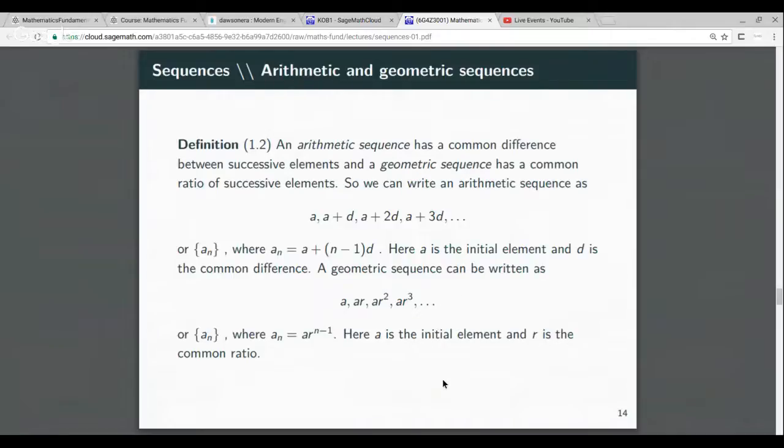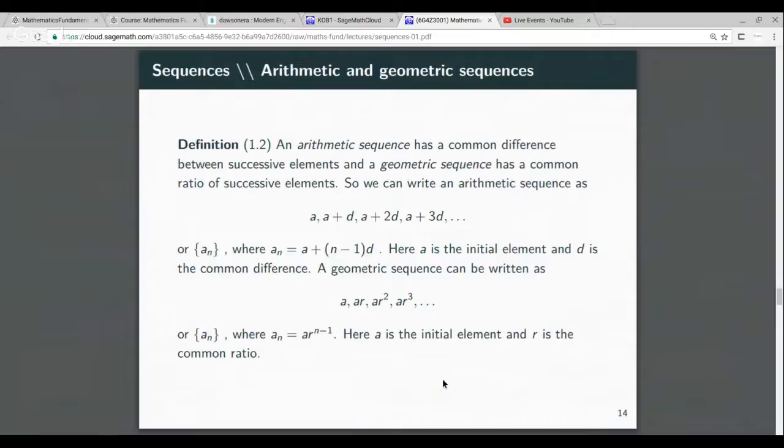So again, I'm just throwing terminology at you and just learning some definitions. The second type of sequence is a geometric sequence. A geometric sequence again progresses in the same set fashion, but this time using the operation of multiplication instead of addition. So it's got some initial term A, and then the second term will be A multiplied by this fixed quotient R, this fixed multiplying factor R. The third term will be the second term, AR, multiplied by another R, so AR squared.